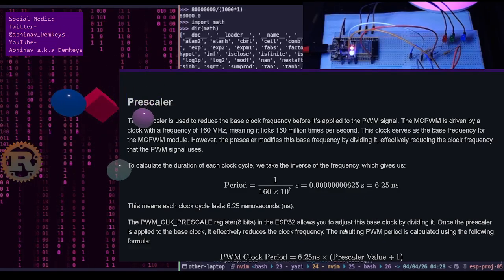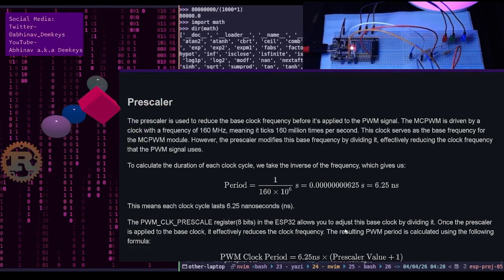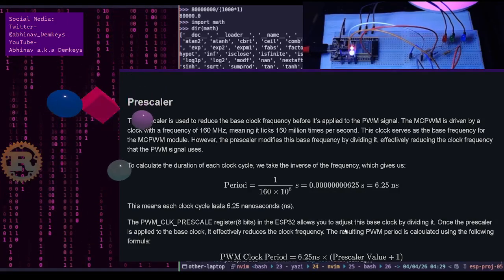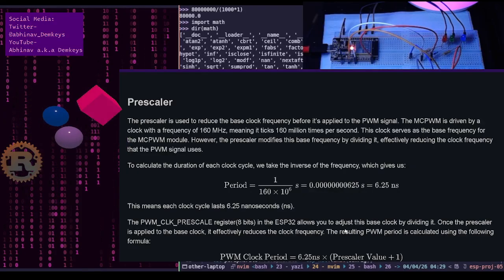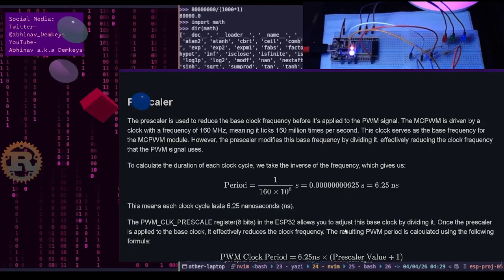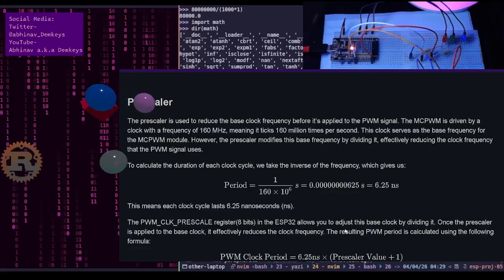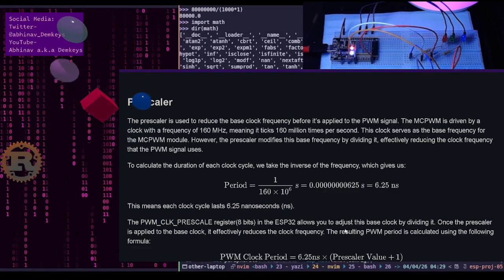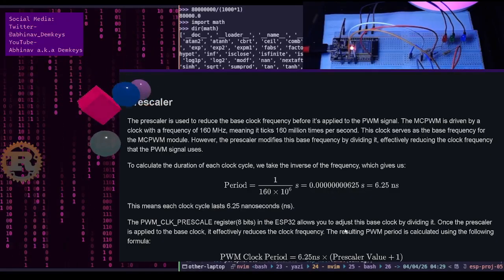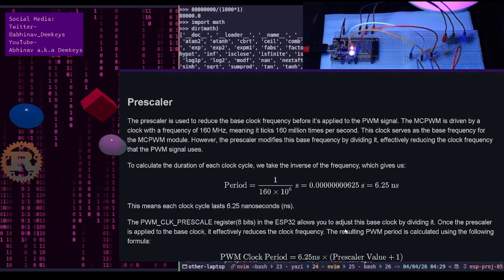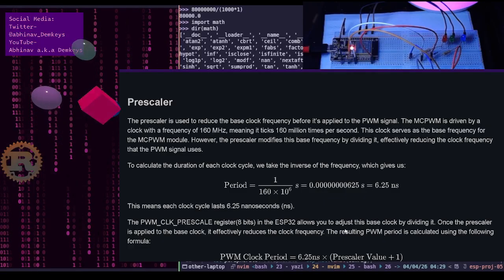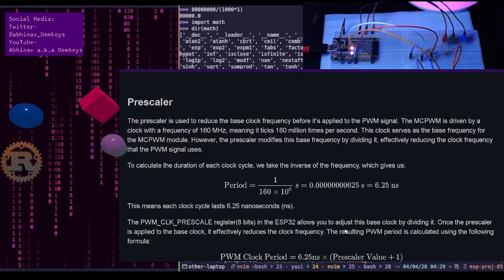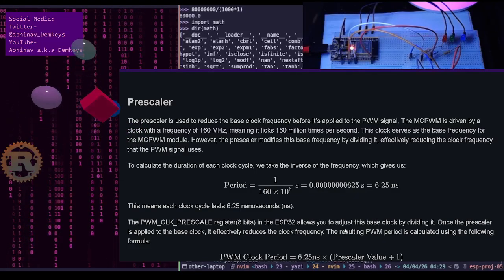The prescaler is used to reduce the base clock frequency before it's applied to the PWM signal. The MCPWM is driven by a clock with a frequency of 160 megahertz, meaning it ticks 160 million times per second. This clock serves as the base frequency for the MCPWM module. However, the prescaler modifies this base frequency by dividing it, effectively reducing the clock frequency that the PWM signal uses.